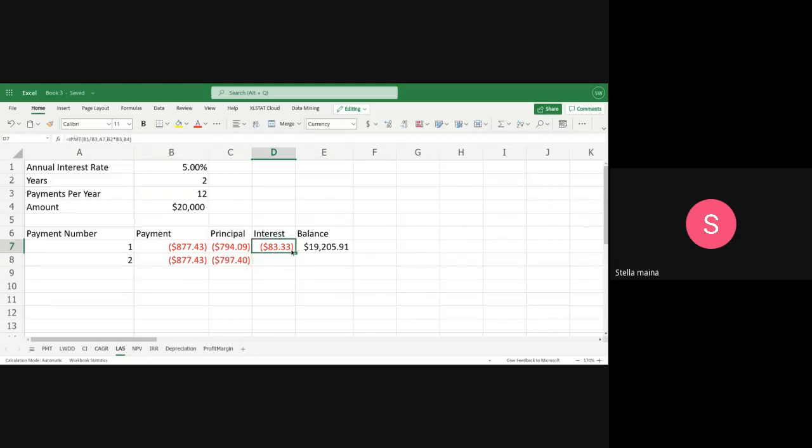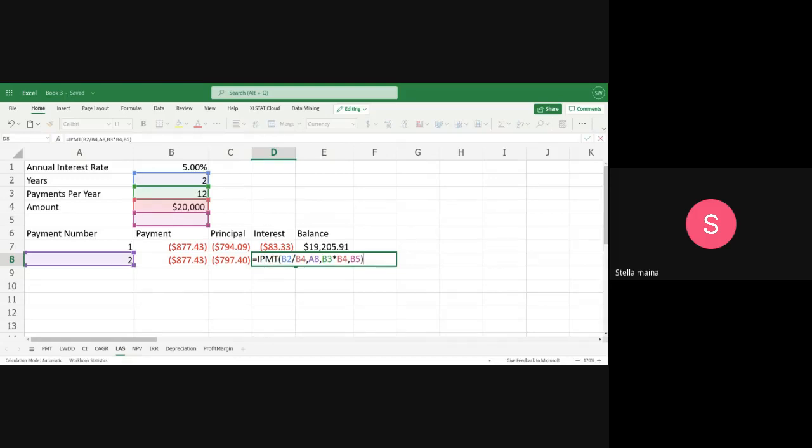Yeah, so we're now going to do the interest, annual interest rate, that is B1, divided by payments per year, B3. So it has incremented everything by 1, hence the error, multiplied by payments per year, B3. And the amount is B4.